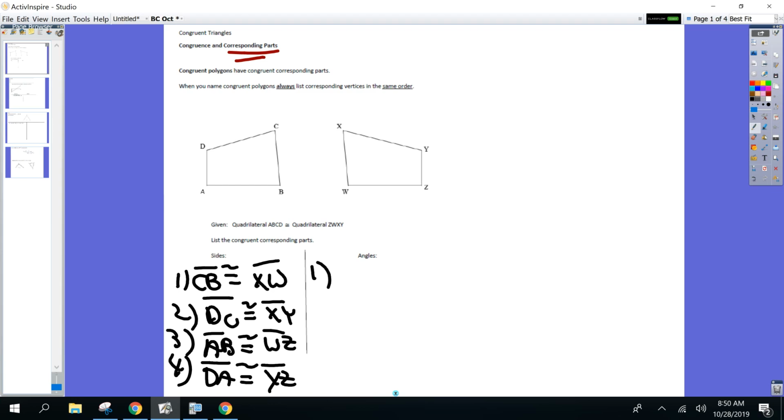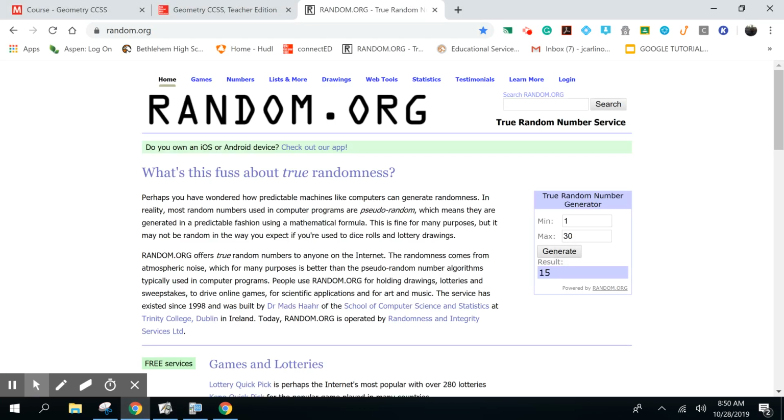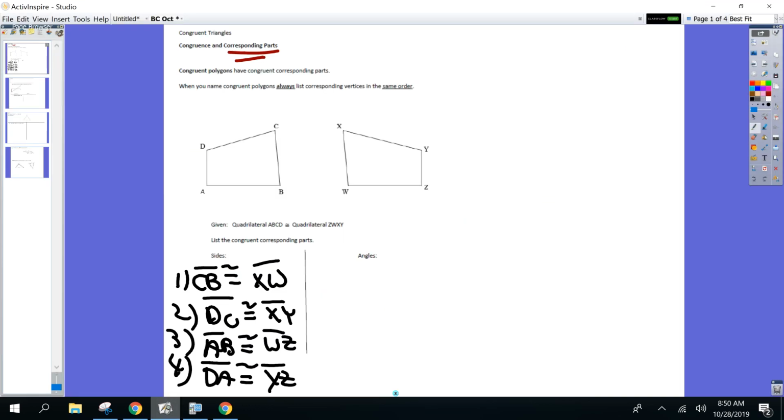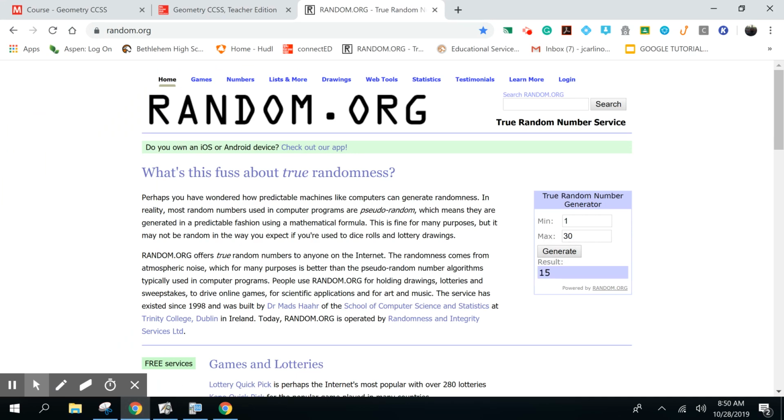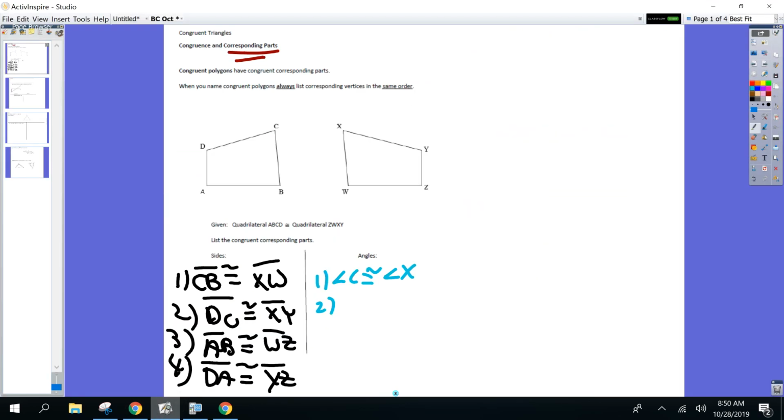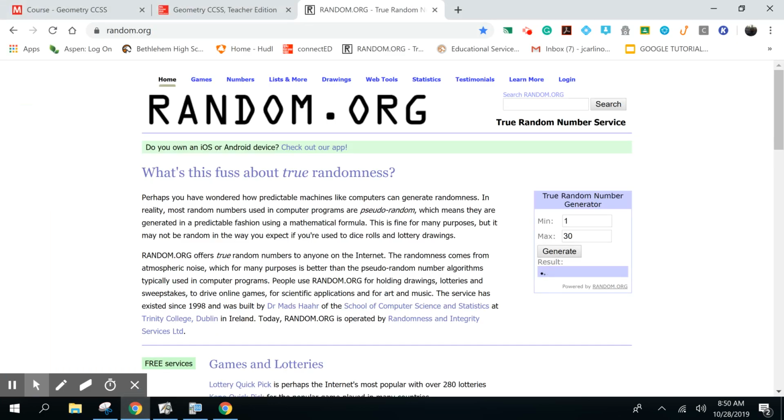So give me a pair of angles now that are both corresponding and would be congruent in this case. Here you go, 15, up. Yes. Another pair of angles. 15 again, let's keep it trucking. B and W. Two more.